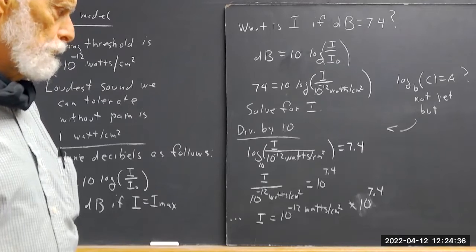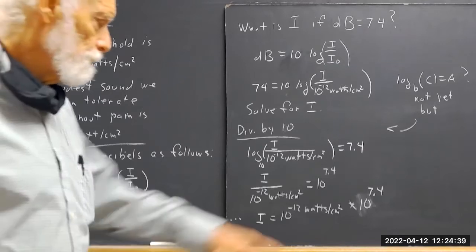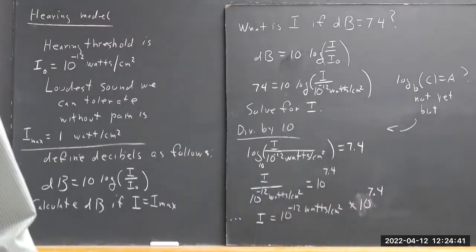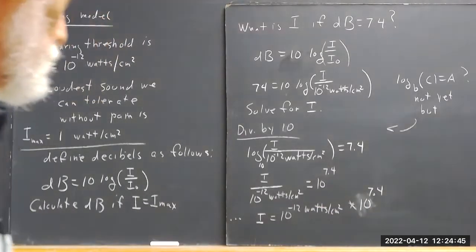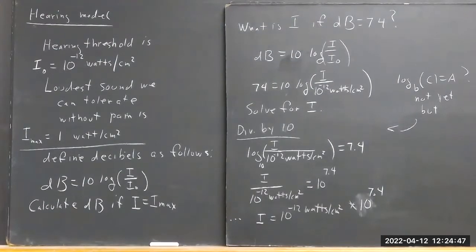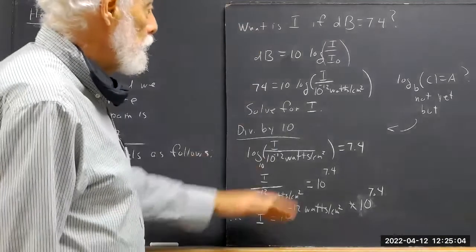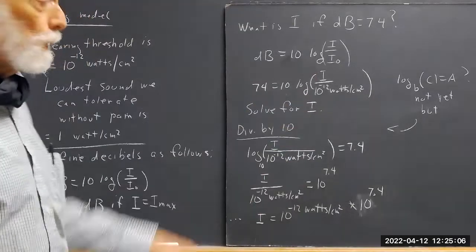Well, whatever it is, your calculator is going to tell you. And you're going to get something like 2 point something times 10 to the negative 5th watts per square centimeter. So this is just an instance of how you solve a logarithmic equation once you put your numbers in.